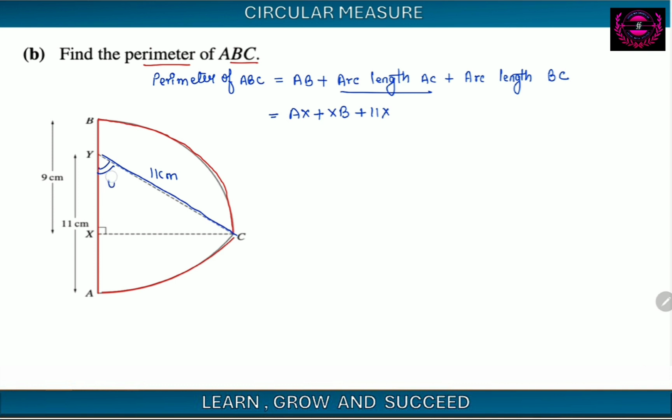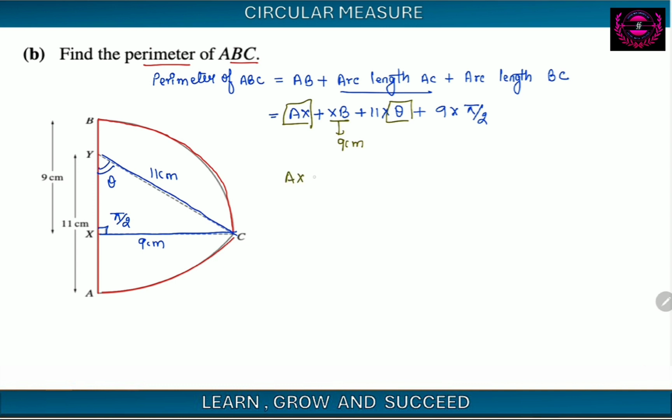We don't even have theta. So let's say it is theta, and for arc length BC, it is again R theta. So for BC, R is 9 centimeters. So 9 into theta, which is 90 degree or pi by 2 radians. So 9 into pi by 2. XB, we know that length of XB is 9 centimeter. We have to find length of AX, and we have to find value of theta.